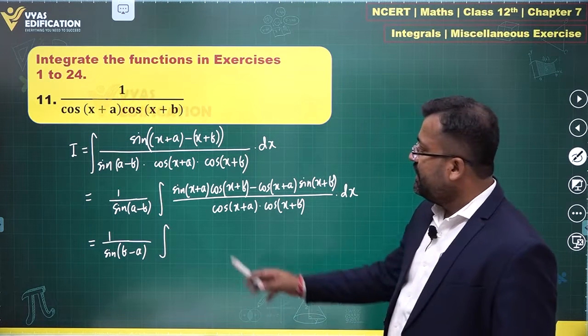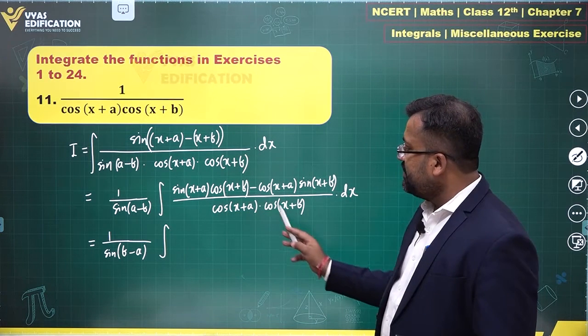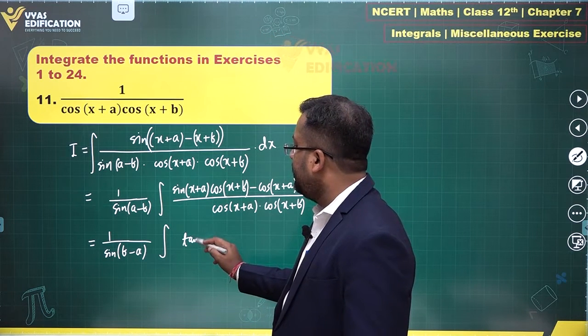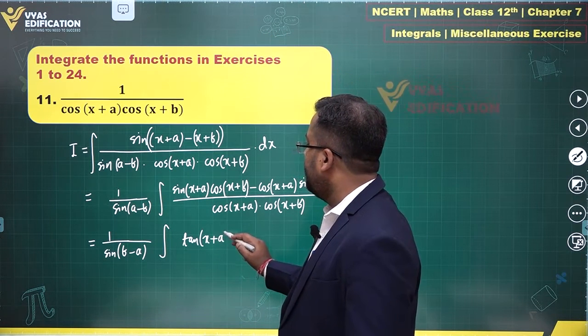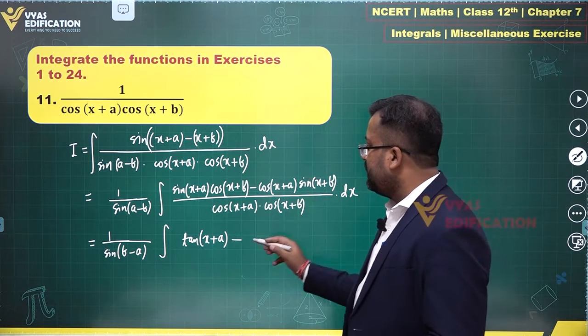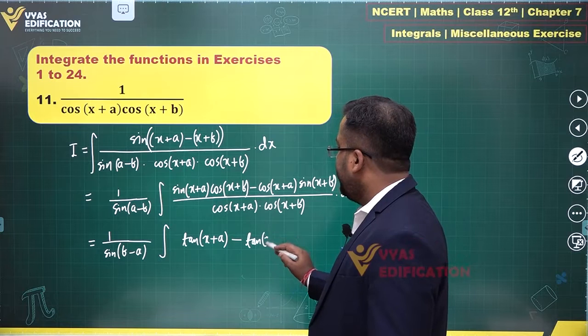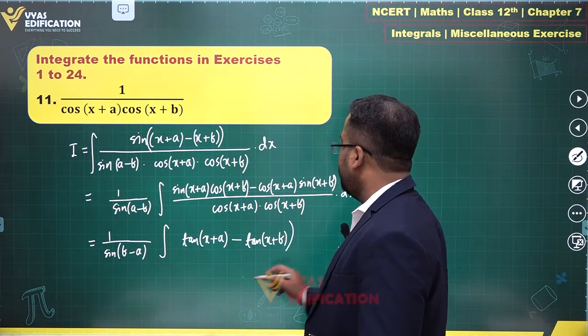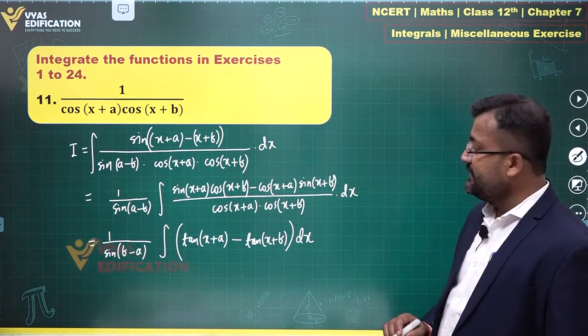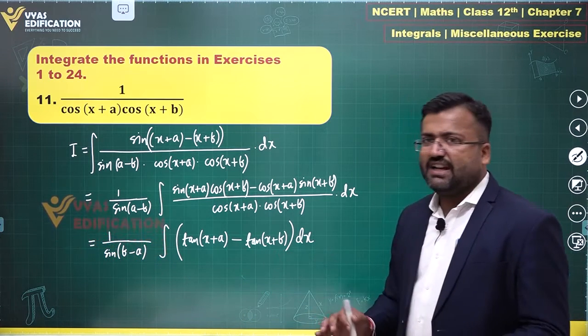In the integral, cos(x+b) gets cancelled, sin(x+a) upon cos(x+a) will be tan(x+a), minus this upon this, cos(x+a) gets cancelled, sin upon cos is tan(x+b), with dx. This is okay, and the integral of tan is very simple.